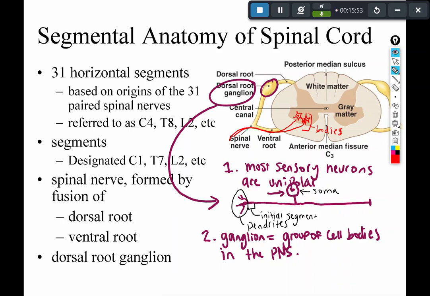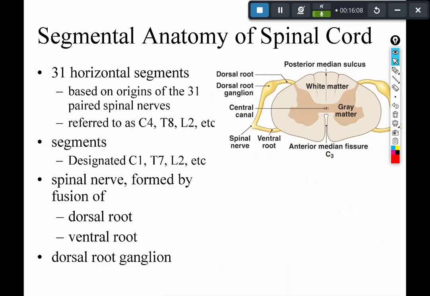They're not outside. So no bulge, no ganglion. That's the reason why you see a dorsal root ganglion and not a ventral root ganglion. There is only a ventral root. So hopefully that makes logical sense to you.